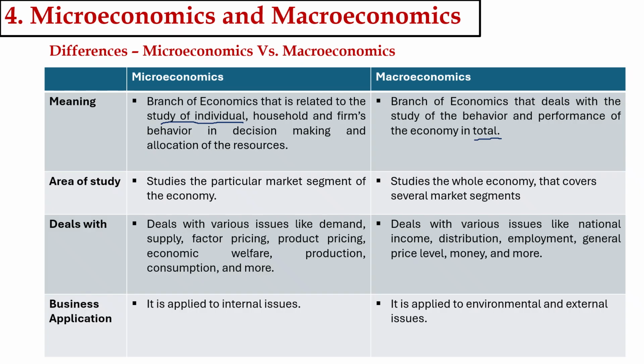The second point of difference or distinction is the area of study. Microeconomics studies a particular market segment of the economy. Segment means we divide it into different parts. Market segment means the market is divided into different parts of the economy in a country.